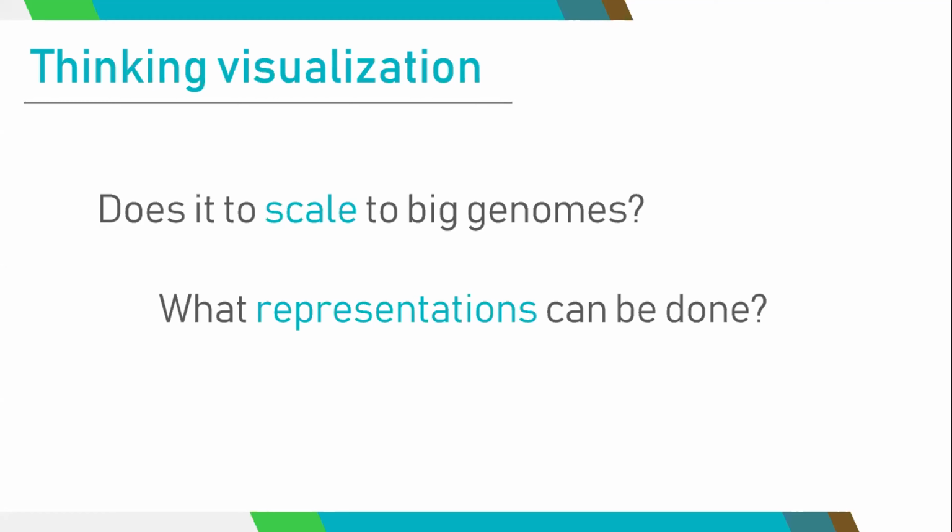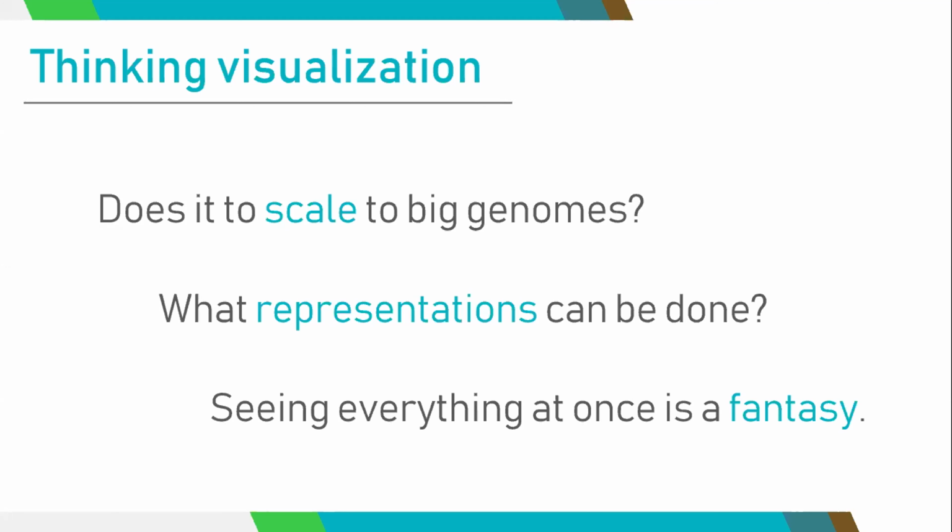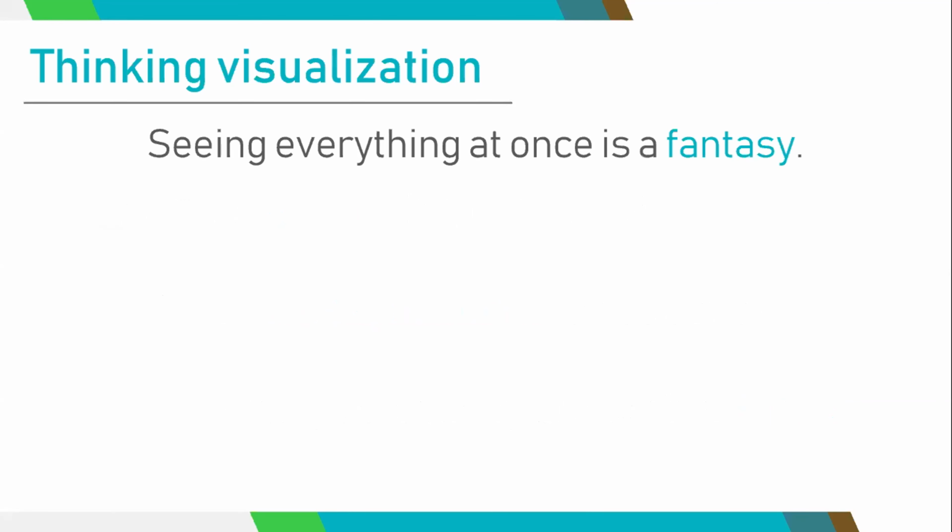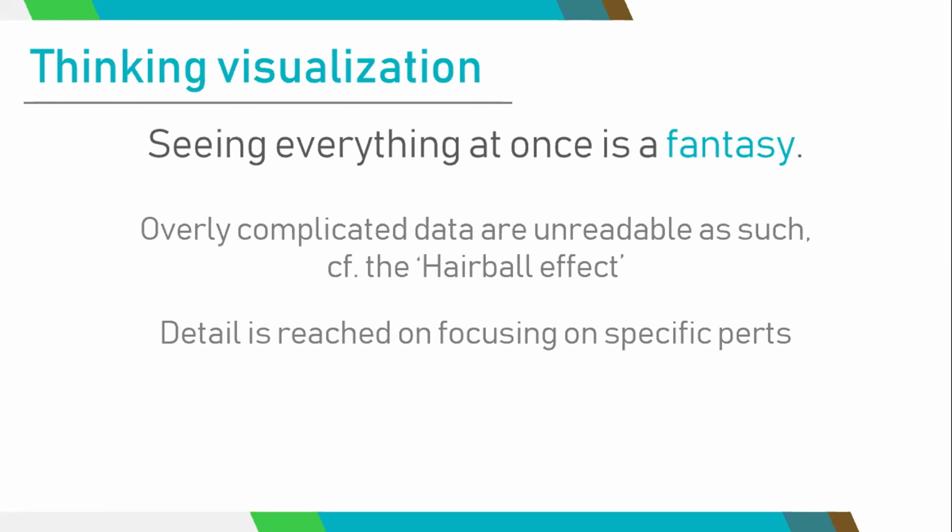This is a big question, but most of all, something I want to talk about is that it is impossible for us to see everything at once, despite what some people want to do. And I will explain this a bit. Basically, pangenomes are complex data.